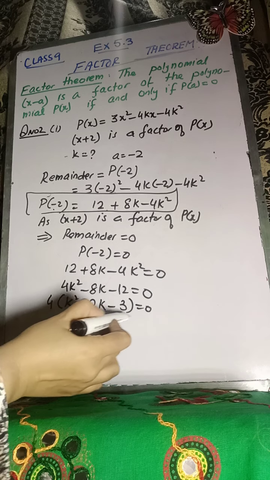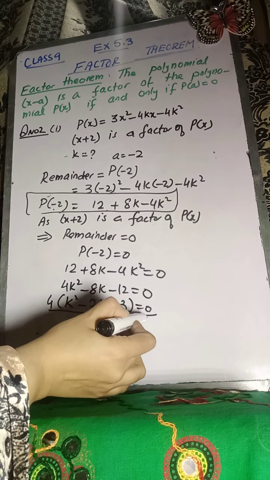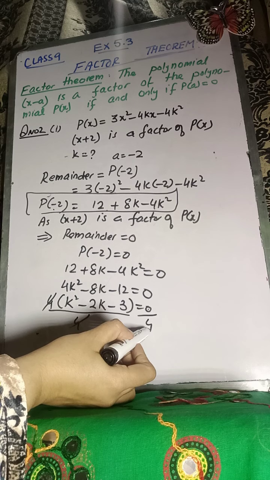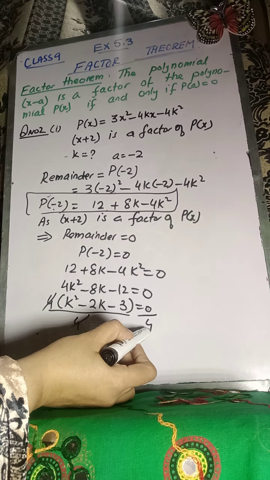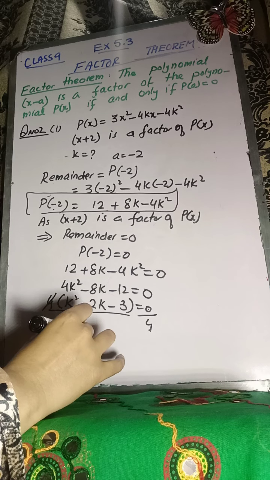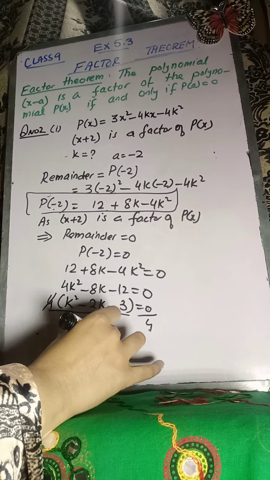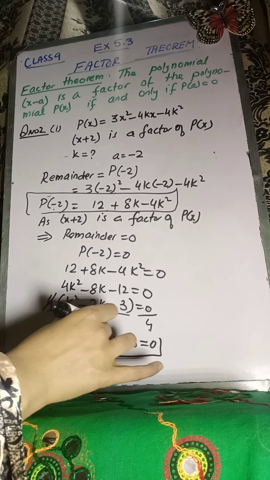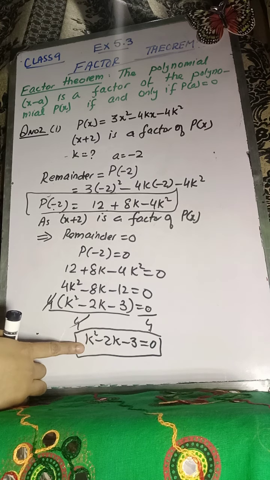After dividing both sides by 4, the 4 will be cancelled out and 0 by 4 is 0. So we are going to get the equation k square minus 2k minus 3 equal to 0, and after solving this equation, we are going to get the value of k.